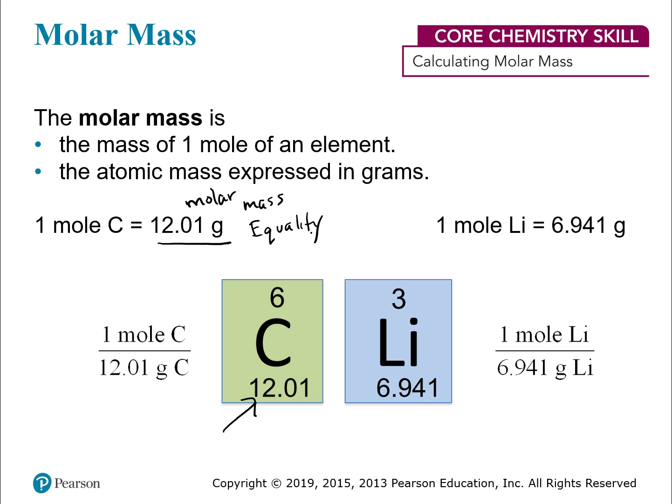We've got from before 1 mole equals 6.02 times 10 to the 23rd things. And now we've got 1 mole of a substance is equal to the number of grams, or the atomic mass expressed in grams. So any element on the periodic table, you know the molar mass just by looking at the periodic table.